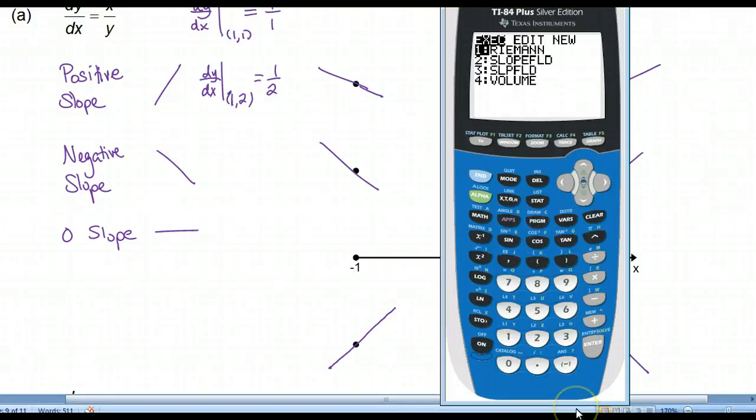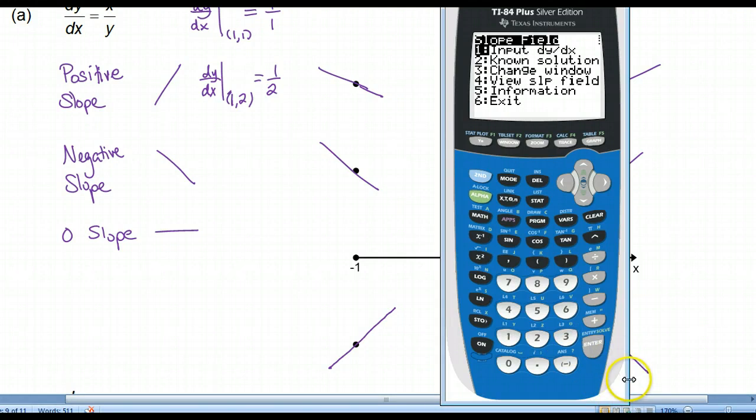If you go to your programs, I gave you, which one is yours? Does yours have the E in it or not? It's SLP. Okay, so if you press slope field and press enter, you just press enter again. Press enter. Input dy dx.